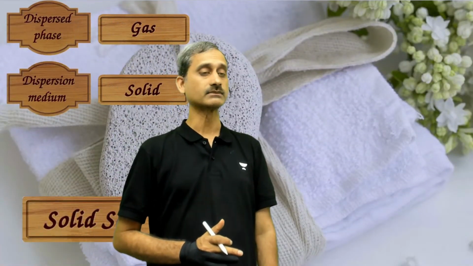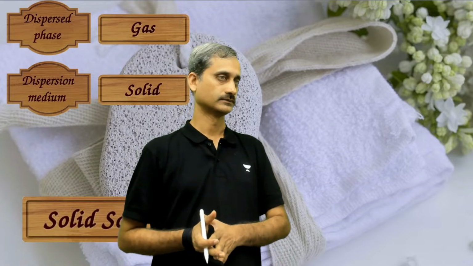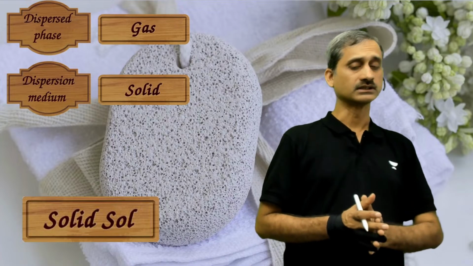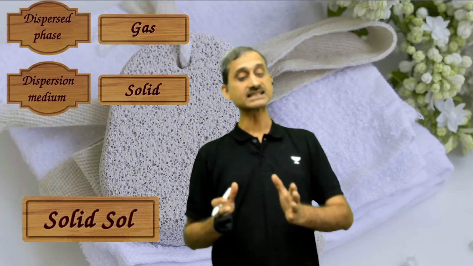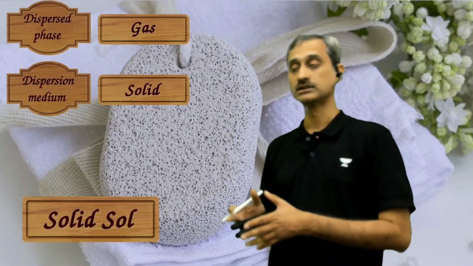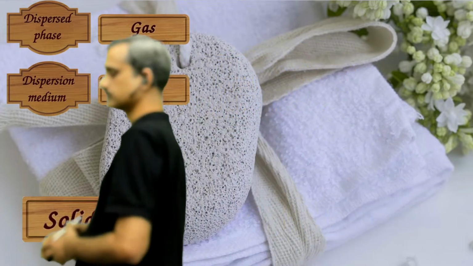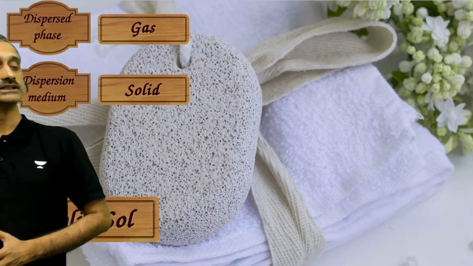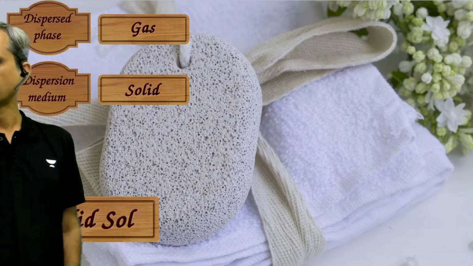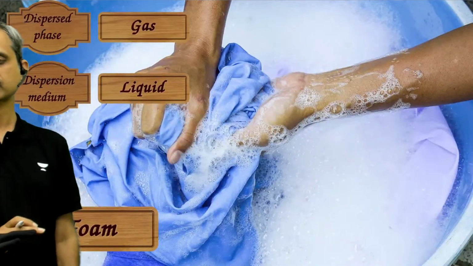And here we have something called the solid sol. We have the dispersed phase as the gas and the dispersion medium as the solid. It is again termed a solid sol. Earlier it was termed solid foam, but fine, solid sol.